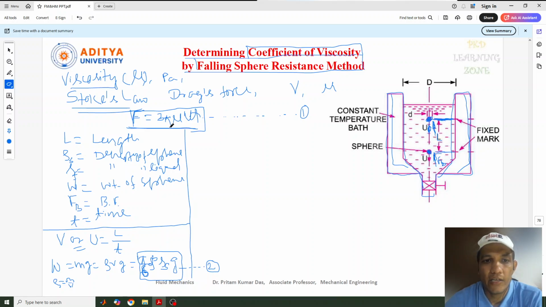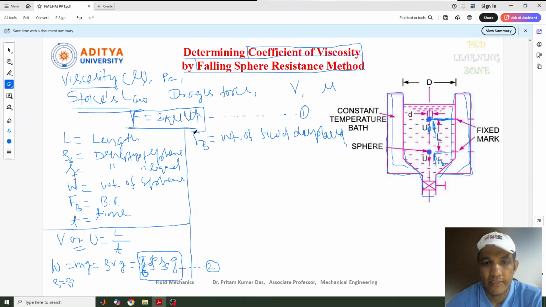Next, as I told, a number of forces are acting on this sphere, we just need to identify them. Next I can write the buoyant force. The buoyant force is denoted by FB, and it is equal to the weight of the fluid displaced, as per the Archimedes principle, if you have studied this. We have already discussed this concept during buoyancy and flotation.